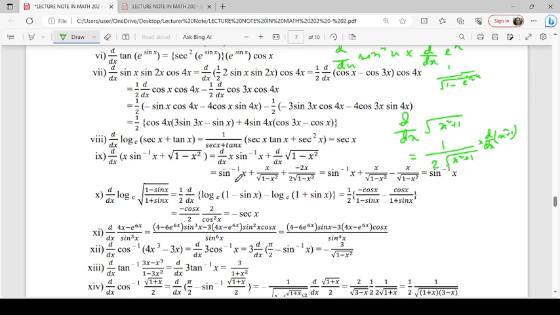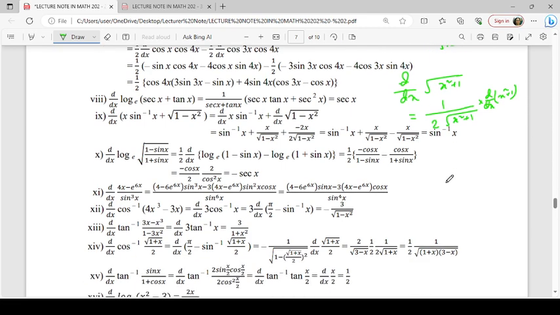So it is sin inverse x, d/dx of x is 1, into sin inverse x, plus x into d/dx of sin inverse x, which is 1 by root over 1 minus x square, plus d/dx of this one. So it is d/dx of root over u, like this. So it is 1 by 2 root over u, and d/dx of 1 minus x square is minus twice x.